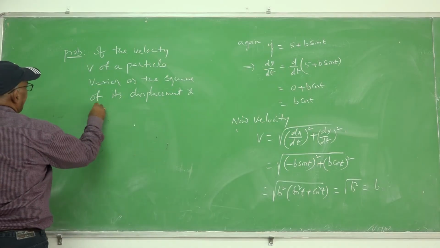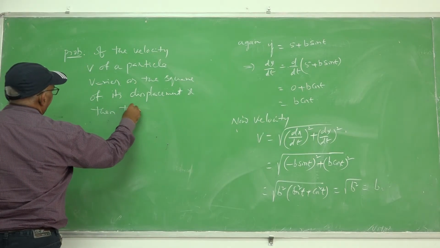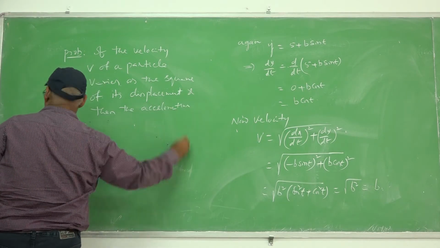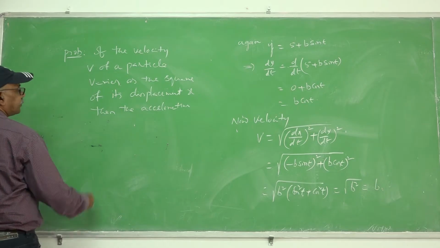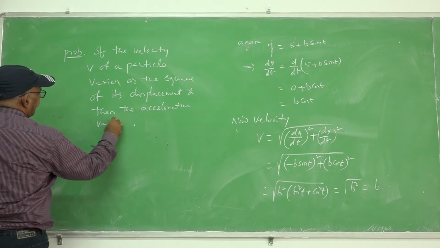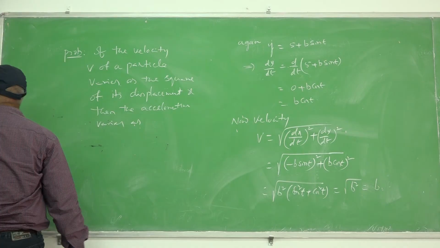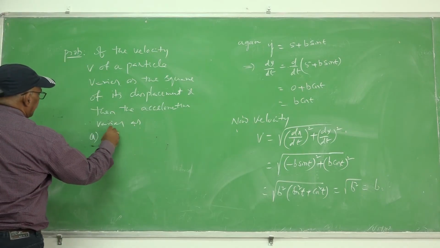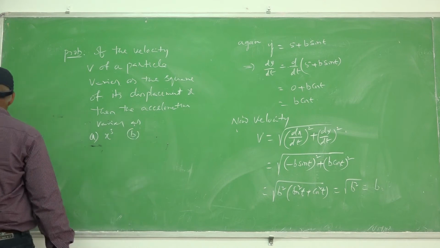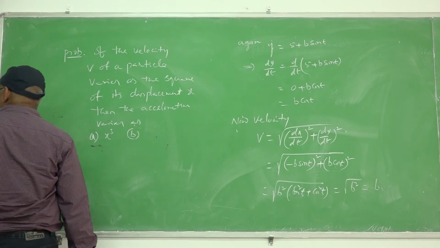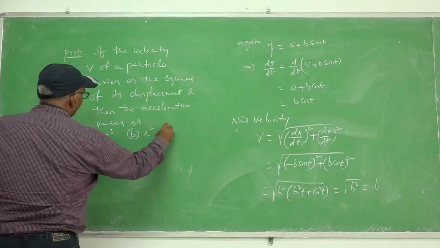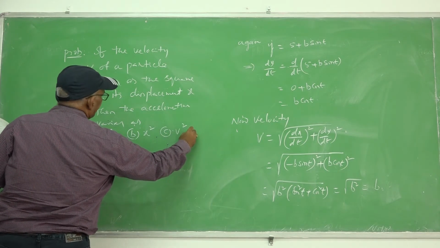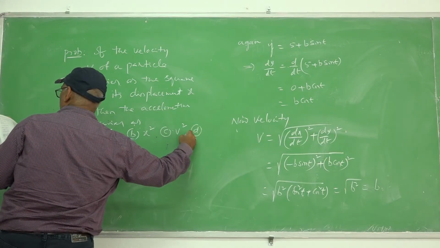Then the acceleration varies as: first, x cube; second, x square; third, v square; fourth, v cube.